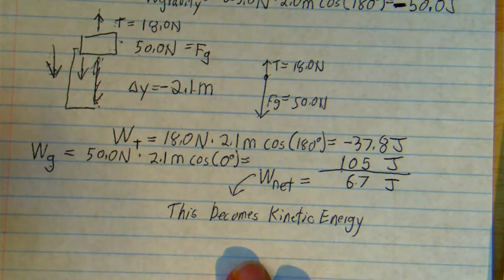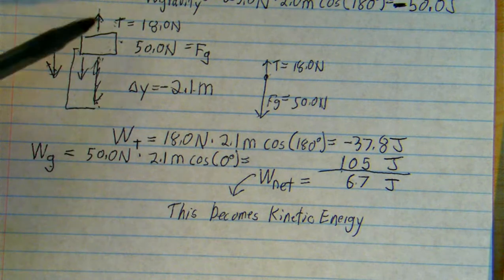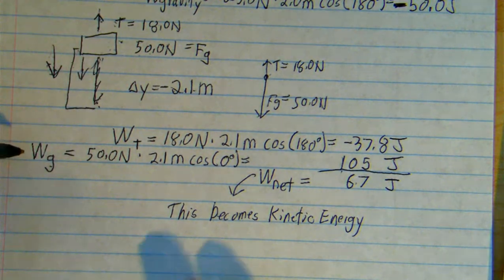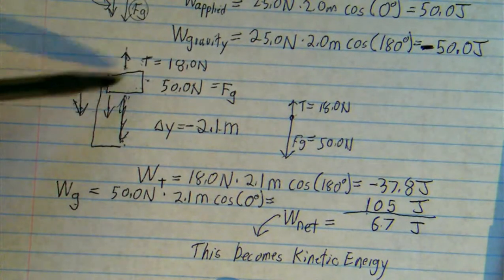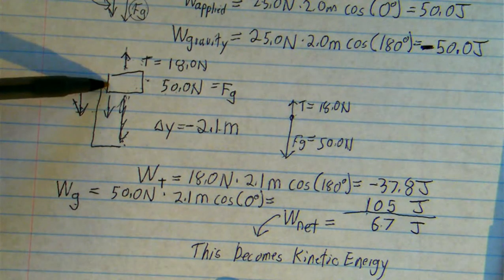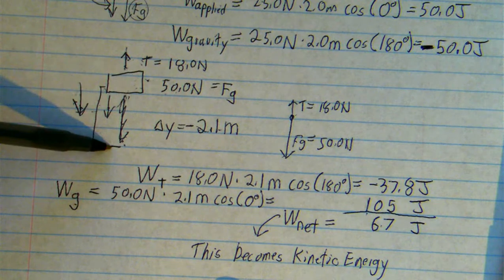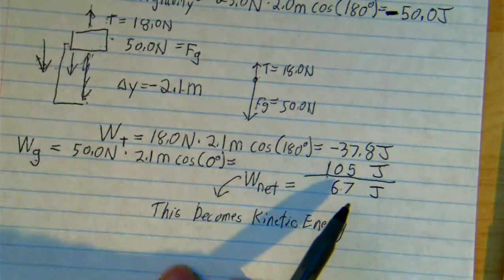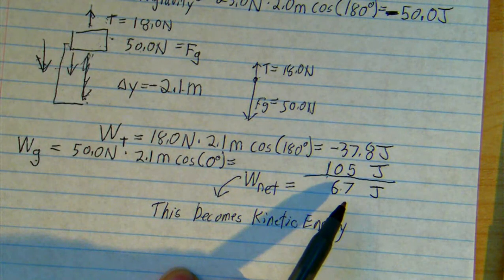Yep. So physically what's going on is you're letting this block fall down, and the forces don't cancel, so it's not a constant speed, it's accelerating. It's falling down faster and faster. This much energy is being added to this block.